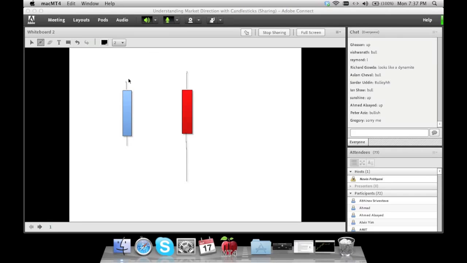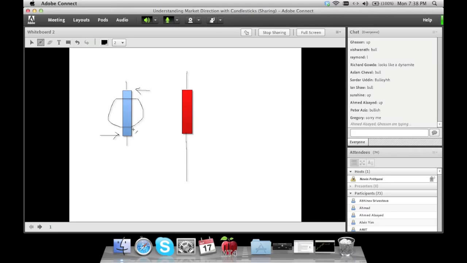Now, this blue candle: the market opens up here, and it closed over here at the top of this blue zone. This is the reason why it's blue, because it is above the open. What is this big solid area called?